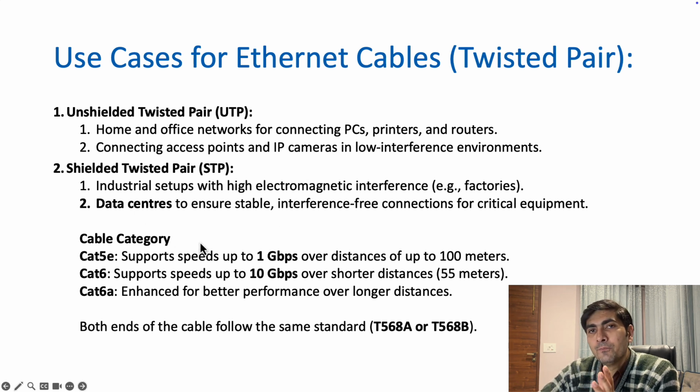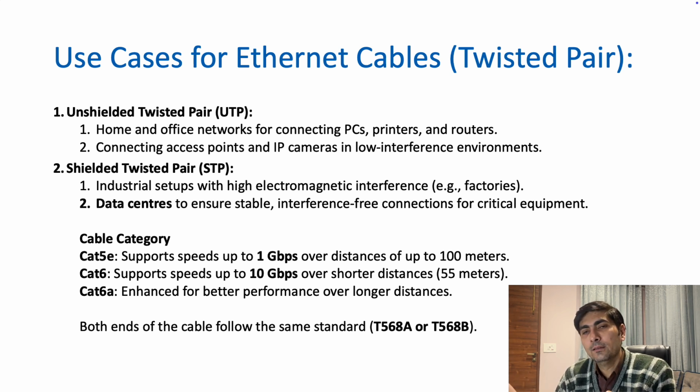All right, so a straight cable means the cable which is on pin 1, the same cable will be on pin 1 of the other end. Both ends will have the same cable on pin 1, pin 2, pin 3, pin 4, pin 5, 6, 7, 8, right?